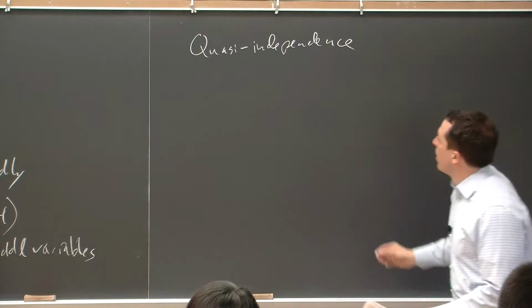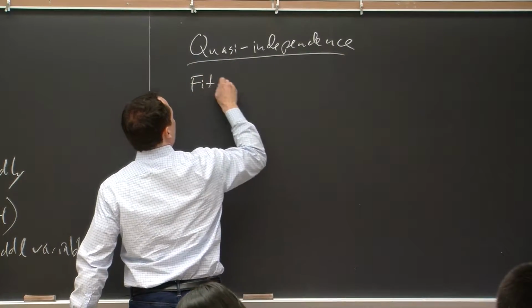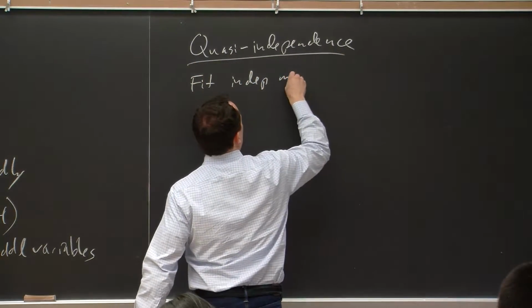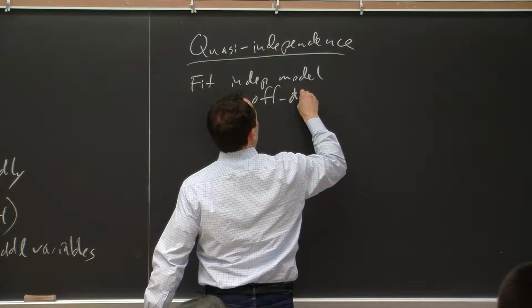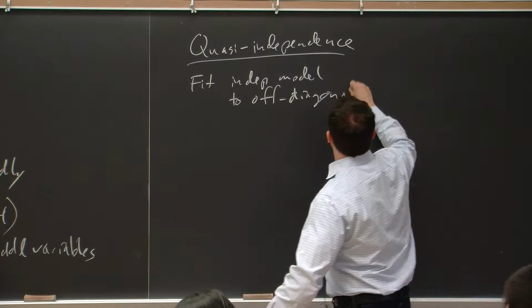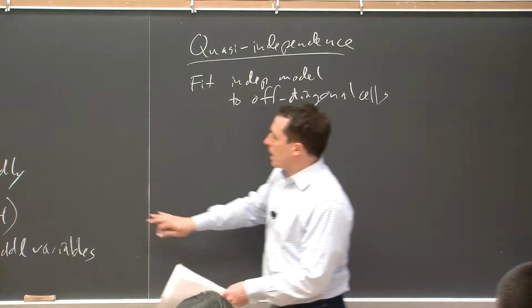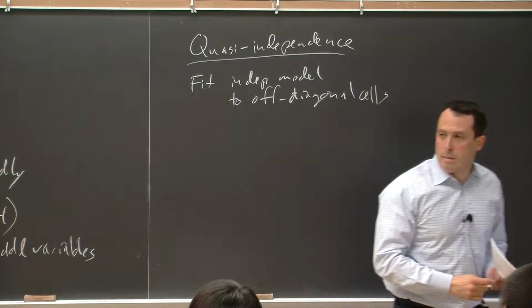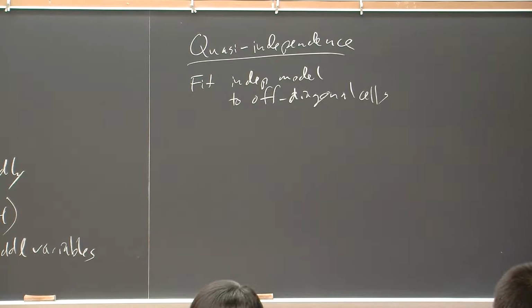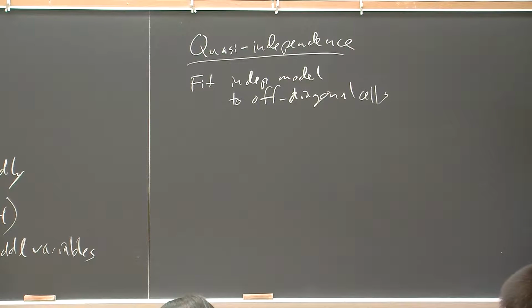In the first of these models, the quasi-independence model, we're going to fit an independence model to the off diagonal cells. In other words, this model treats the boxed cells, the diagonal cells, the perfect agreement cells, as being the anomalies, and says that aside from the cases in which they exactly agree, when they don't agree, they make more or less independent judgments.